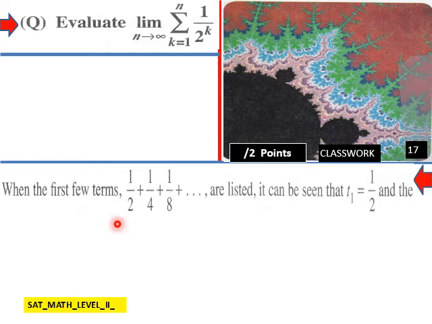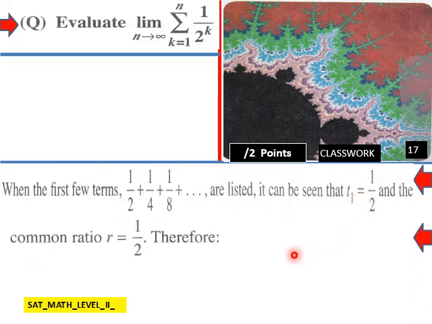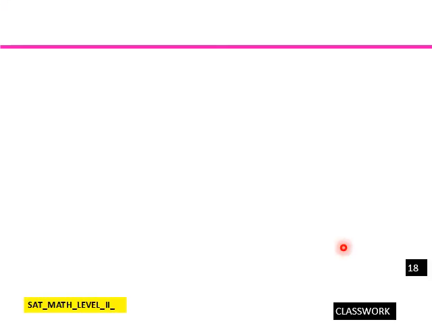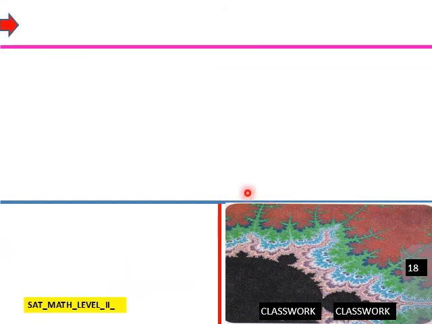When the first few terms, 1/2, 1/4, 1/8, plus so on, are listed, it can be seen that term 1 equals 1/2, and the common ratio is r equals 1/2. Therefore, our summation will equal 1/2 over 1 minus 1/2, which equals 1.